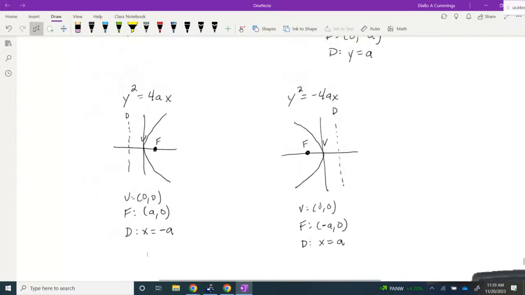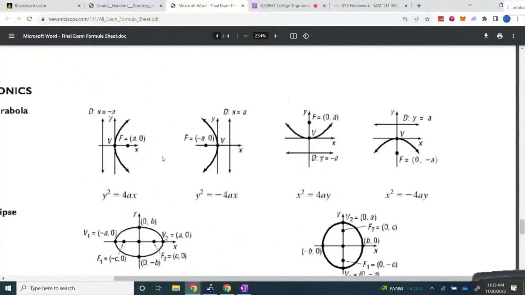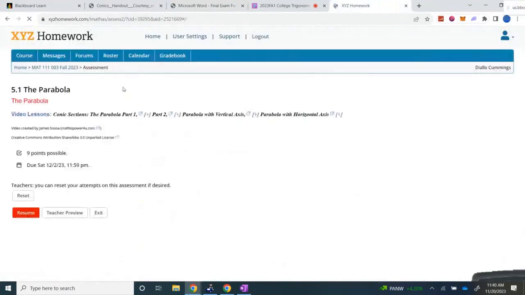Okay, so any questions about these model forms? Now these formulas are on the formula sheet, but they're kind of written out in the diagram. All right, now let's take a look at some problems.